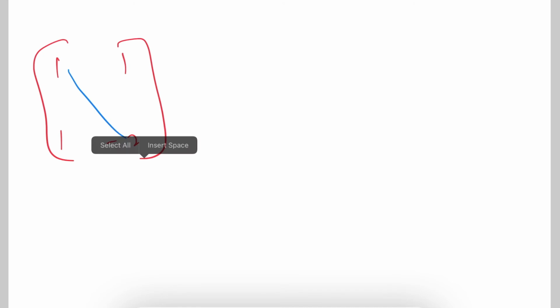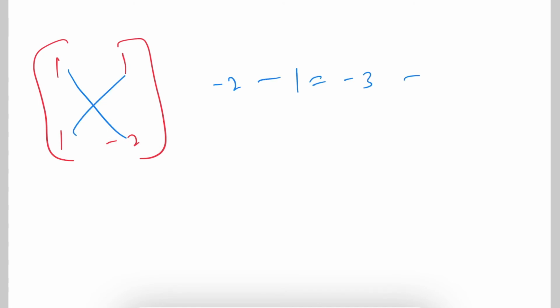So 1 into minus 2 minus 2 minus 1 1s are 1, minus 2 minus 1 is minus 3. So this minus 3 is not equal to 0. Then obviously we can say that the rank of the matrix is 2, because we took a 2 by 2 matrix in which 2 rows are there. Now the rank of the matrix A we got as 2, which means it will be having non-trivial solutions.